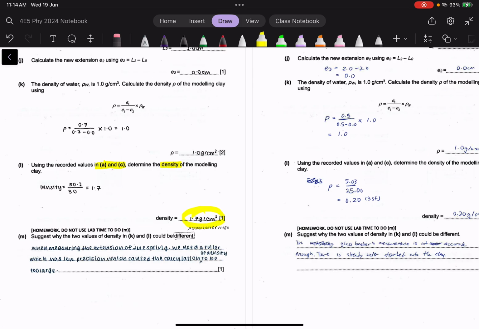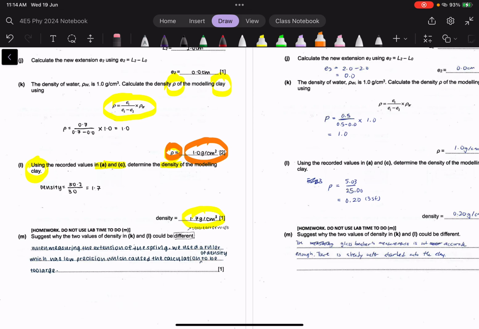And then the steps on top of K will give you an expression that will enable you to find the density of the clay. So both approaches are trying to find the density of clay, but you can see that the value is a bit off.